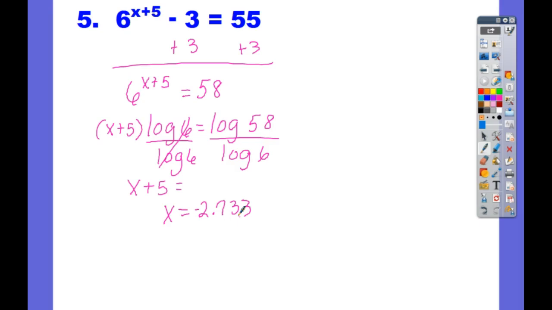Wait, okay, so how do we get from x plus 5 equals 2.266? Now, it's plus 5, so what do? Right. That's why you want to leave your answer on your calculator, right? And then subtract 5.